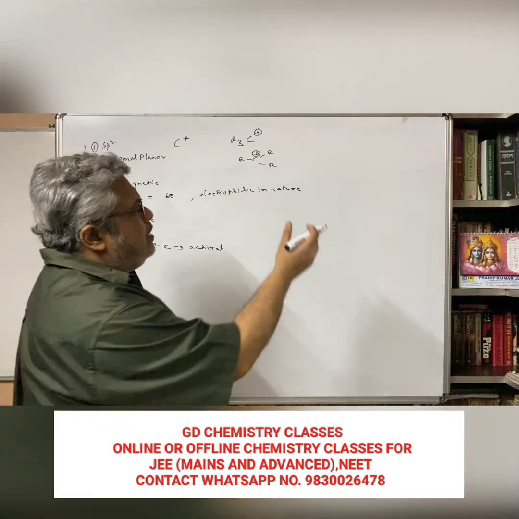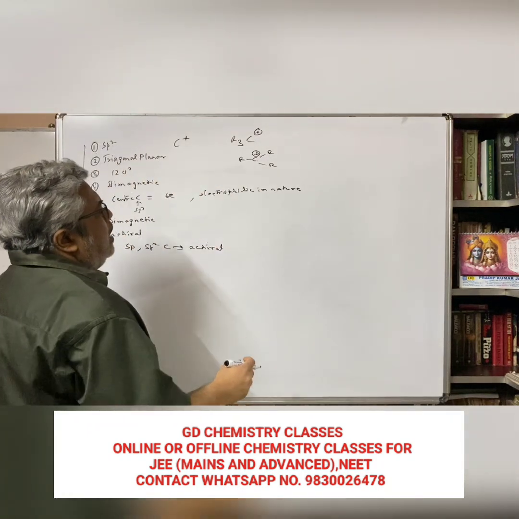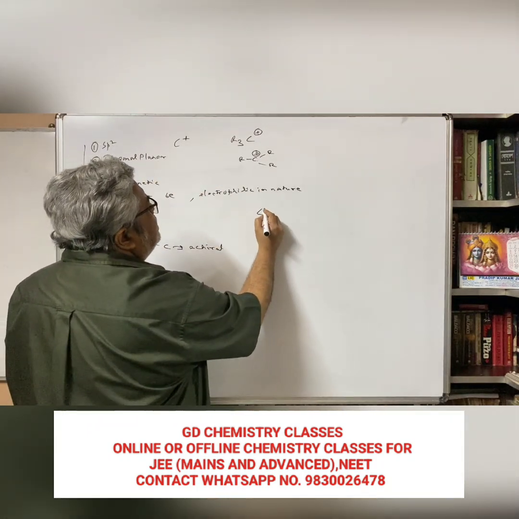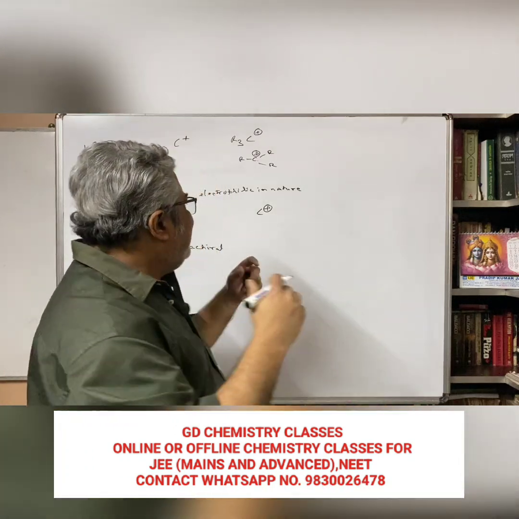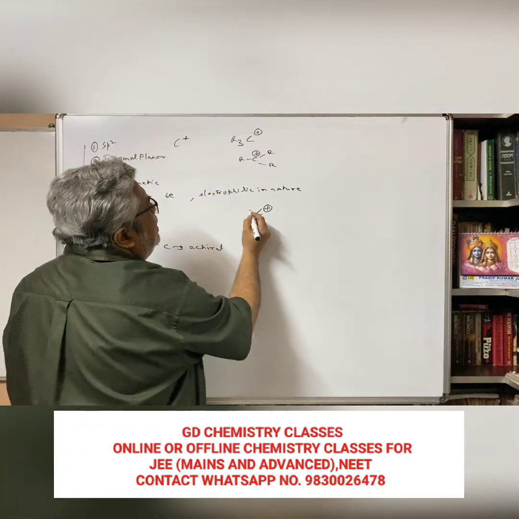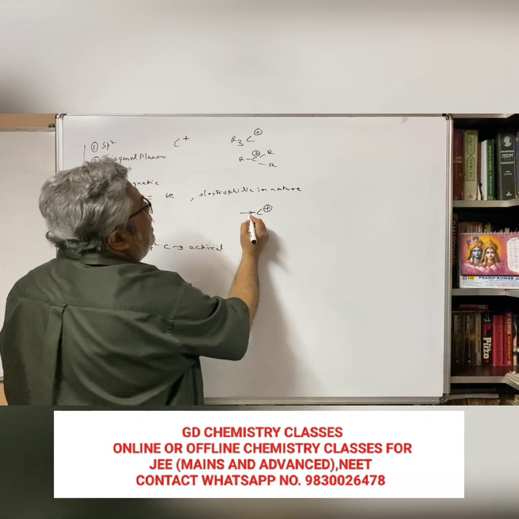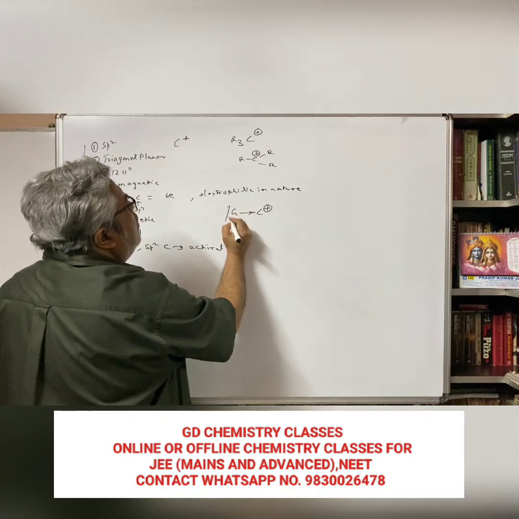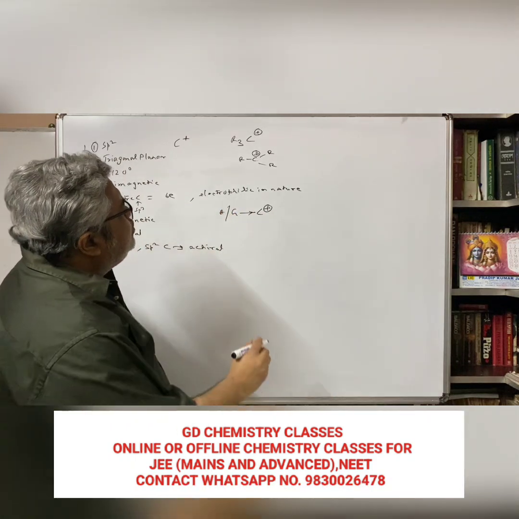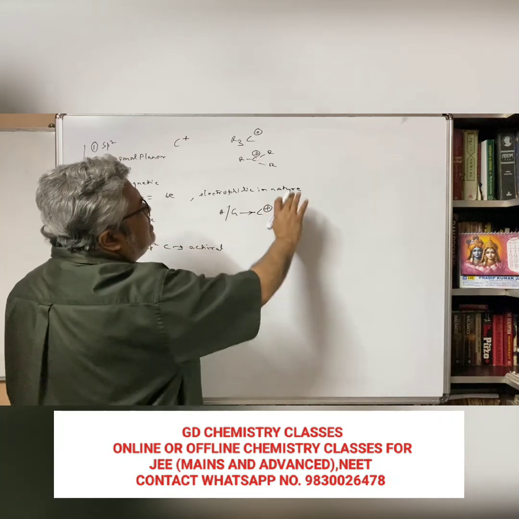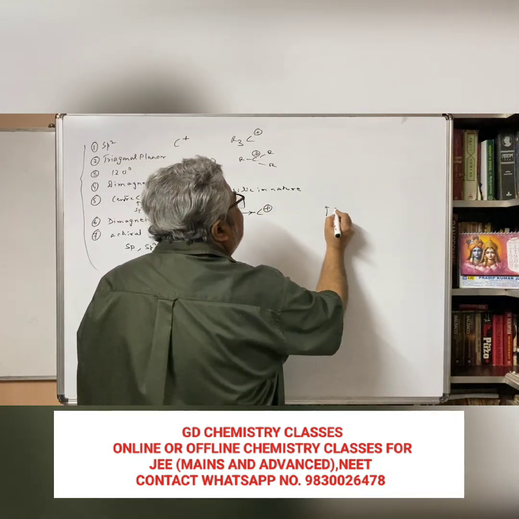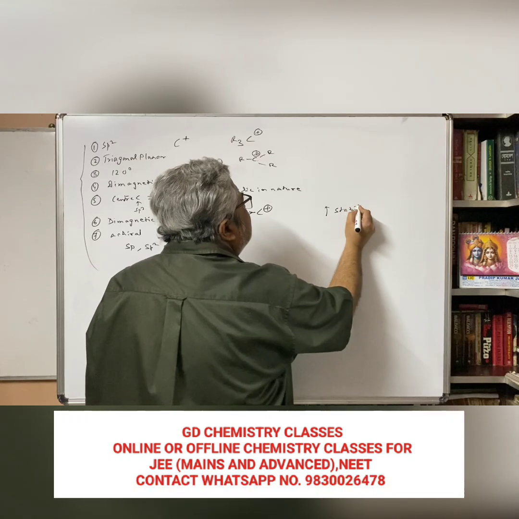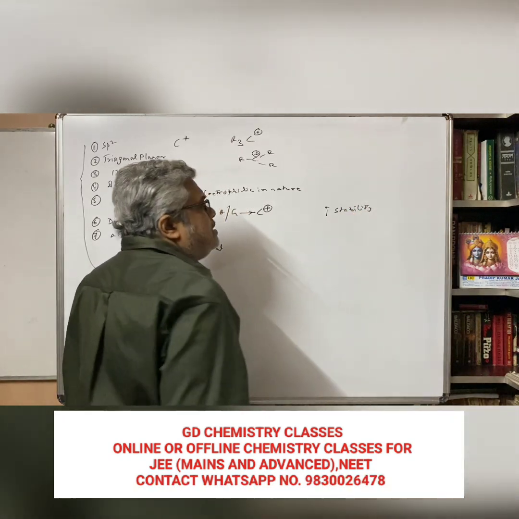Now before going into the examples of stability: whenever we are saying carbocation stability, that means something is electron deficient. So any group or atom or anything which will increase the electron density around the central carbon atom will increase its stability. Isn't it?